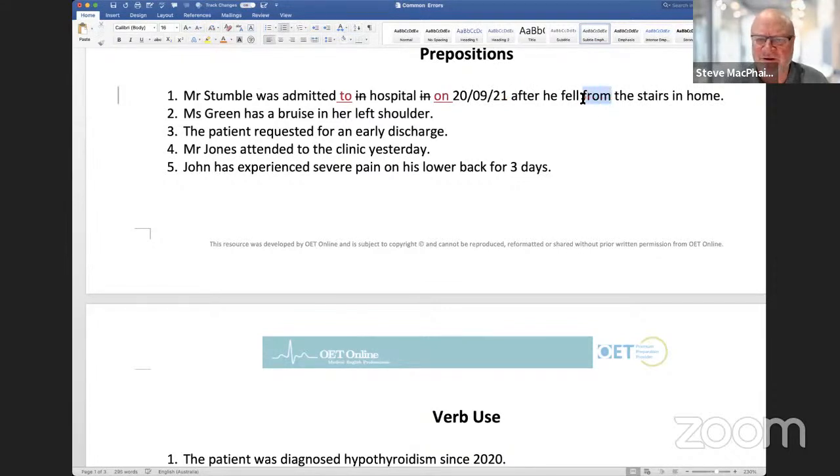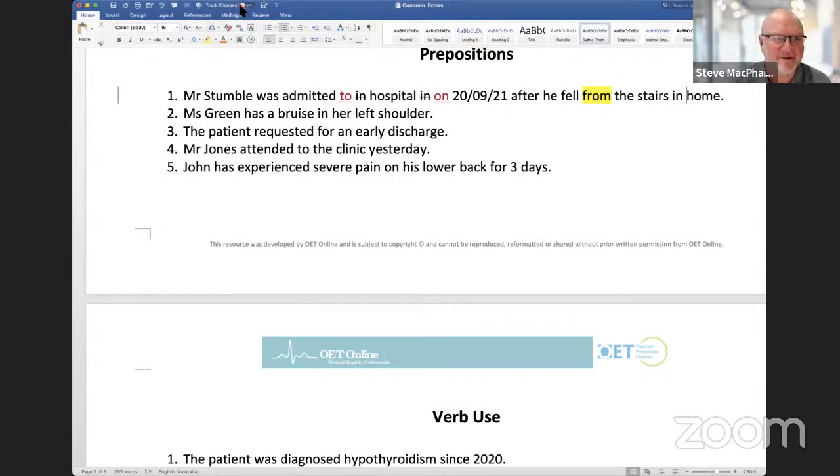Now, this is an interesting one. Fell from the stairs. Can anyone give me a better suggestion for from? From's not really good here. From means you're actually going from the stairs onto the ground, but we tend not to fall from the stairs. What do we do? I'll see if anyone can get this one. It's a tricky one. Yep, someone got at home. Yes, fell from stairs.